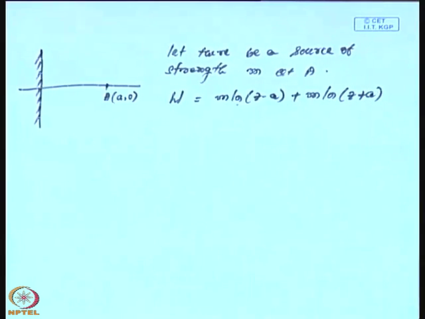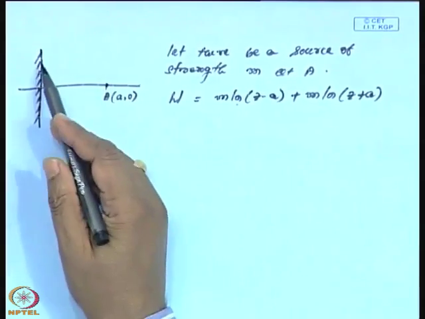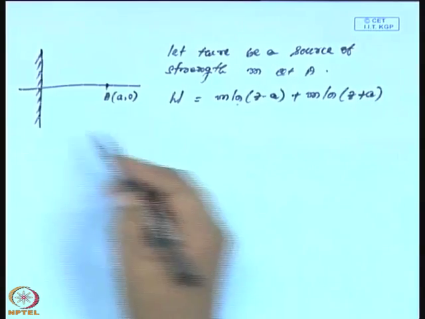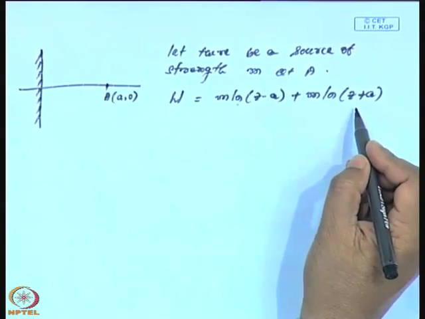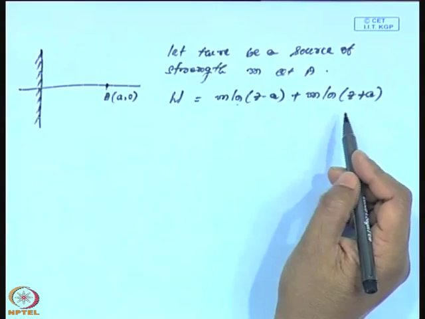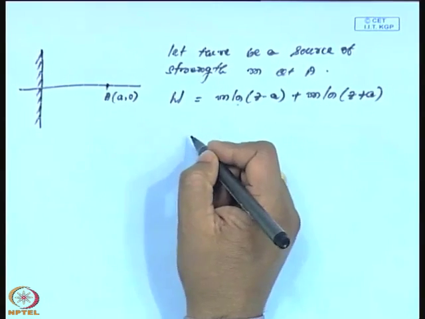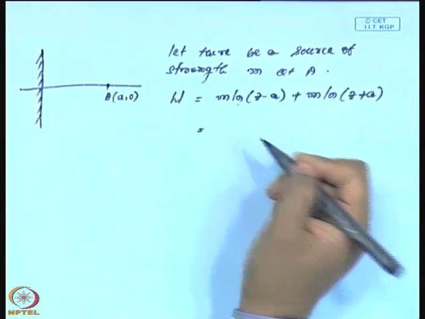So the point z is equal to a is here and I have a wall, then z is equal to minus a is just on the opposite side of the wall, at the same distance from the wall, and appears as if it is on the opposite side. Then it is like a mirror image.